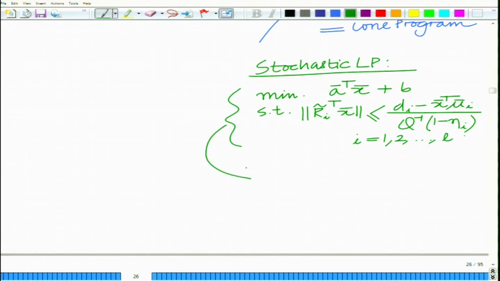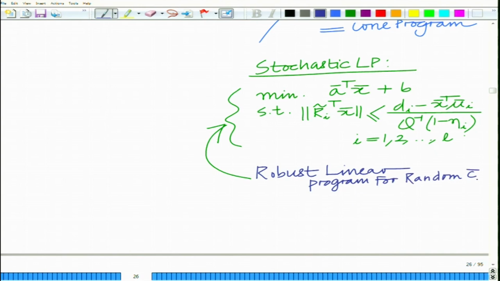You can think of this as a robust version for the scenario when these vectors C bar_i are random in nature.